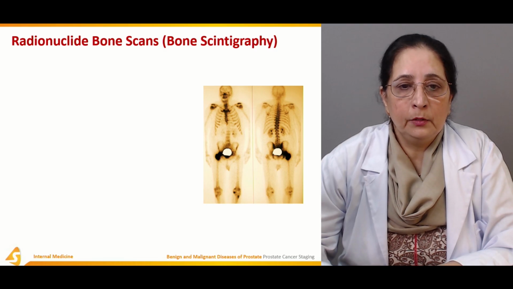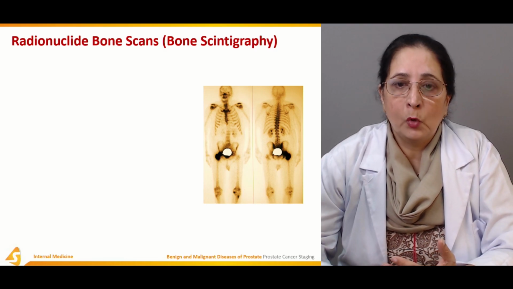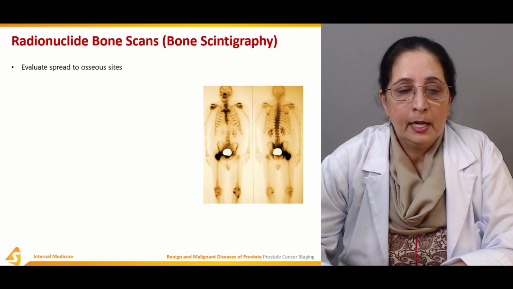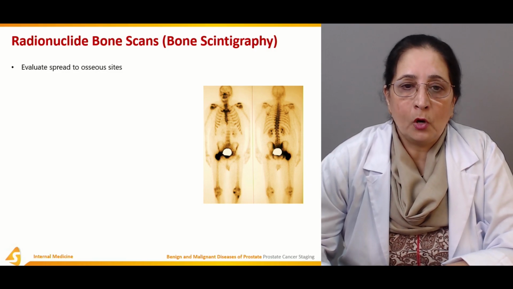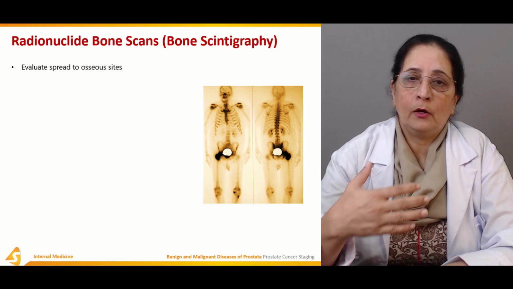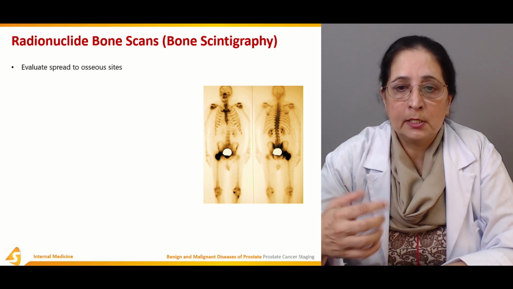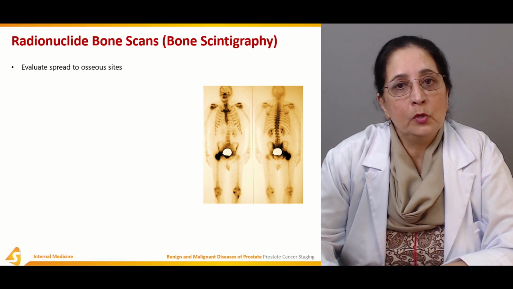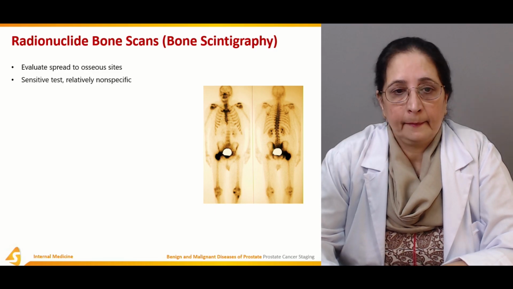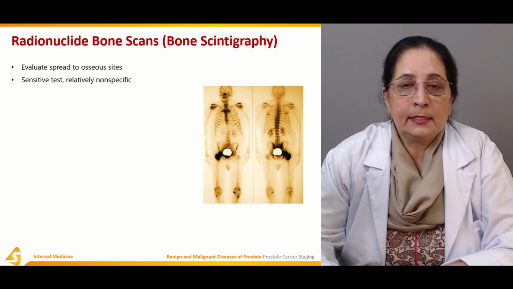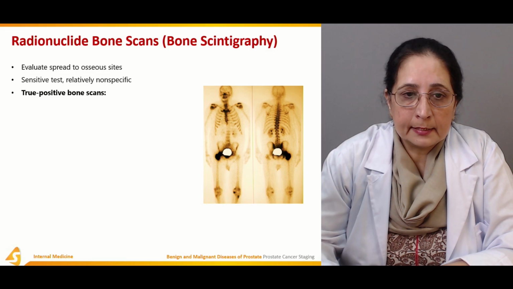Radionuclide bone scans, or bone scintigraphy, evaluate spread to osseous sites. So any spread of the cancer to the bones is detected by bone scintigraphy. It is a sensitive test but relatively non-specific.